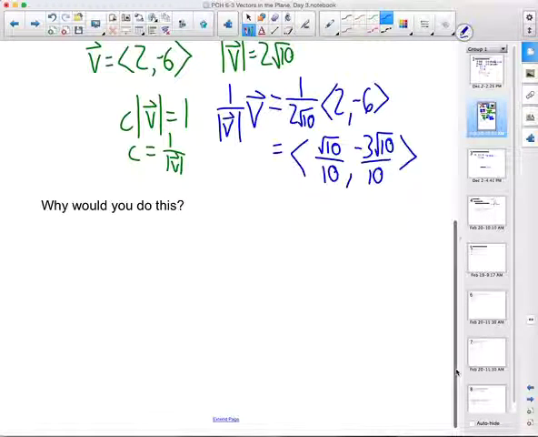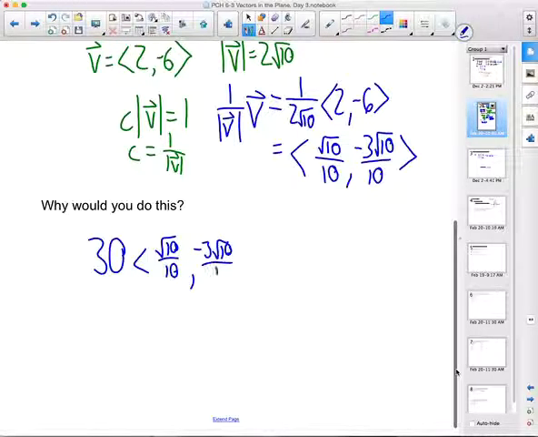Yeah, I know this unit vector has a magnitude of 1. I'm just going to do 30 times √10 over 10, -3√10 over 10. So now I'm going the same direction, but now I have the magnitude I wanted.